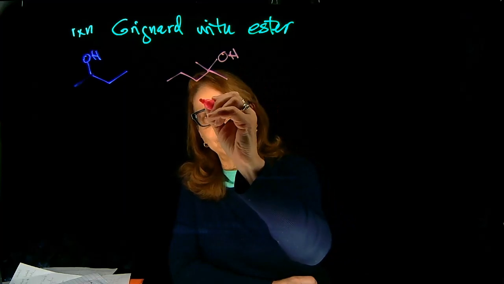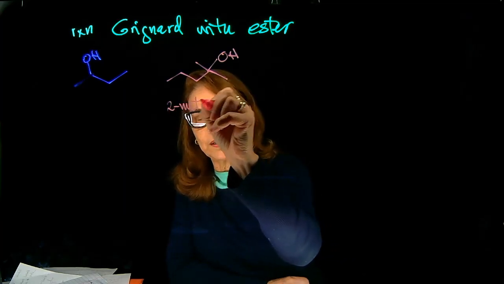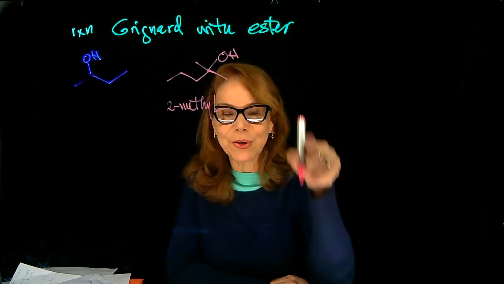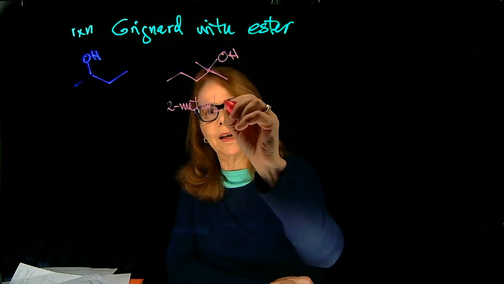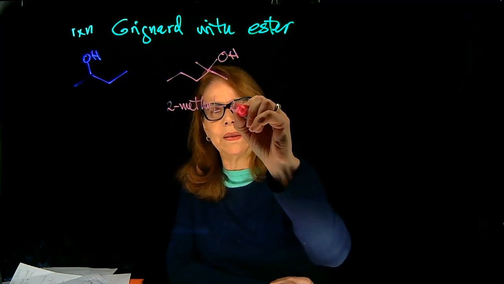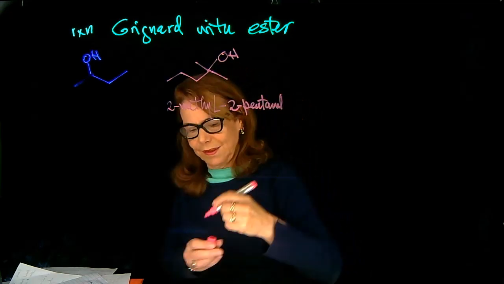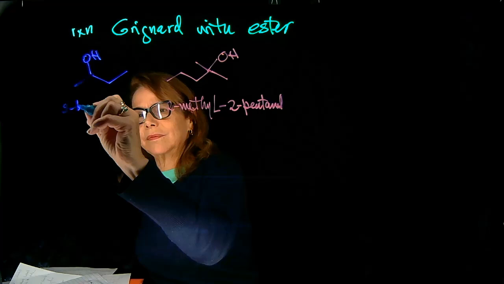That will be 2-methyl-2-pentanol. Let me write it here. It's always a good idea: if you're given a problem with names, you need to draw the structure first. So this is 2-methyl-2-pentanol. This one is 2-butanol.